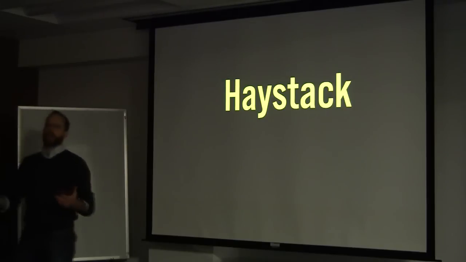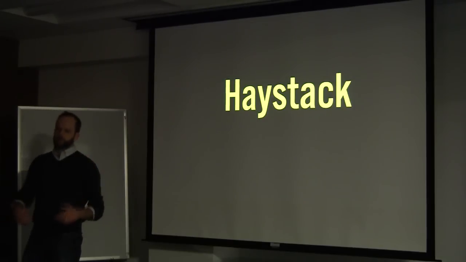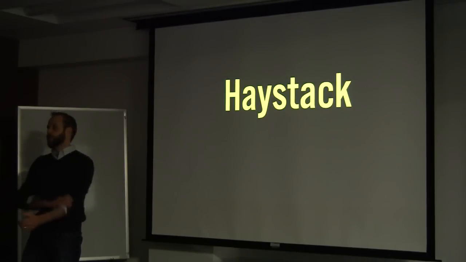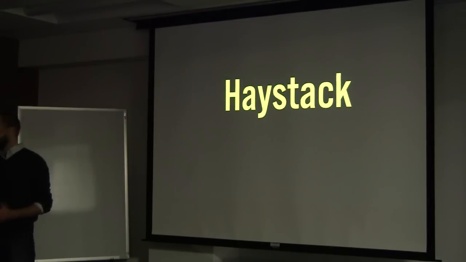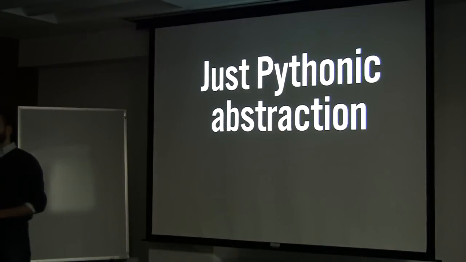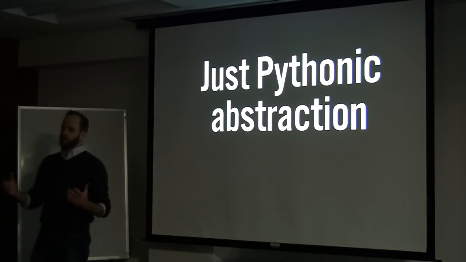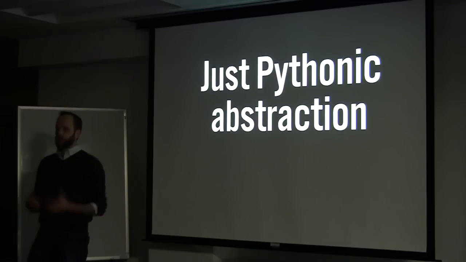So this leads us to Haystack, which is sort of why everyone's here, or hopefully why you're here. This is where we're going to get a little bit more into how you actually start implementing this in a Django project. I want to be clear that it's just a layer of abstraction. In fact, Haystack is a Django-based layer of abstraction over a Pythonic layer of abstraction.